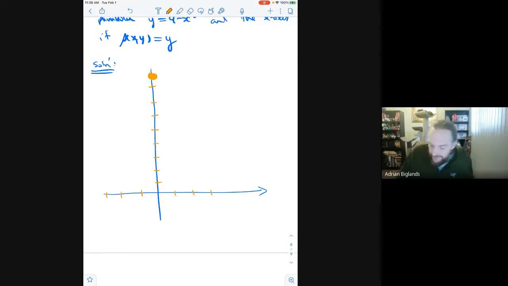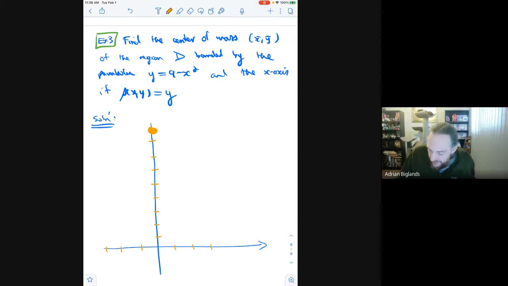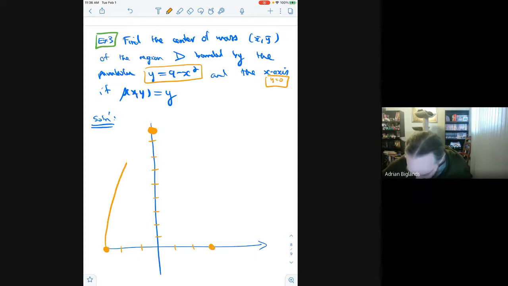It says bounded by the parabola 9 minus x squared and the x-axis, which is y equals 0. So where does it have zeros? At -3 and 3, and so it's the upside down parabola.